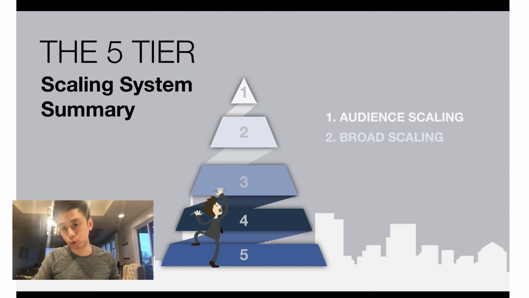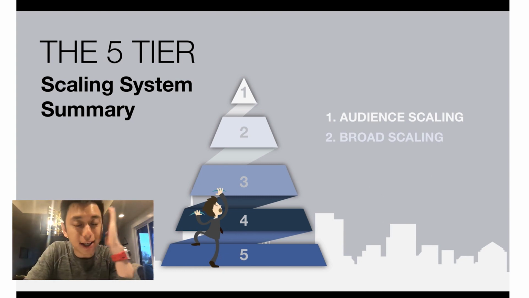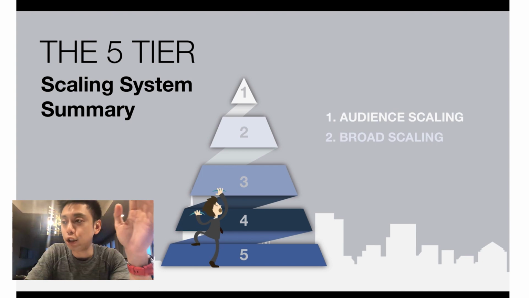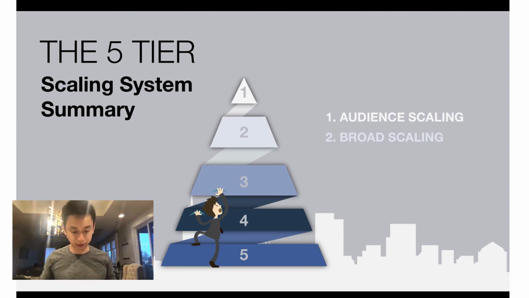Second one is what I call broad scaling. Now, broad scaling is not for all markets. Broad scaling is literally where you don't even tell Facebook what their interests are, and it's purely based on where they live and their demographics. That's it. Now, it's high risk, by the way. This is only really great if you have an offer that is of mass appeal, usually business to consumer.